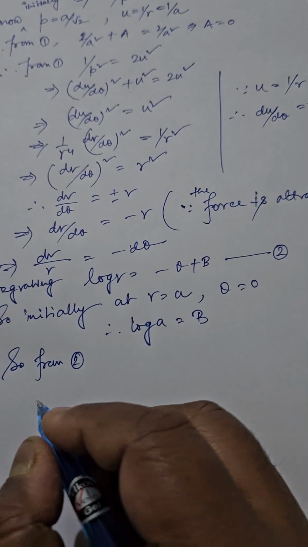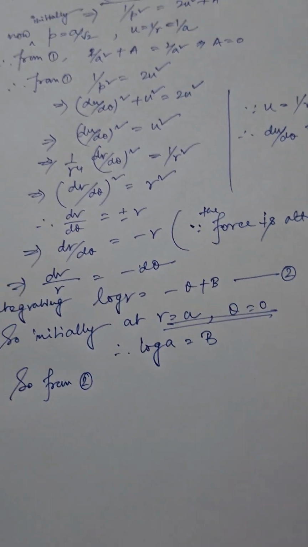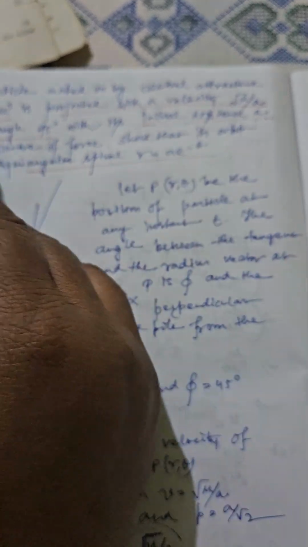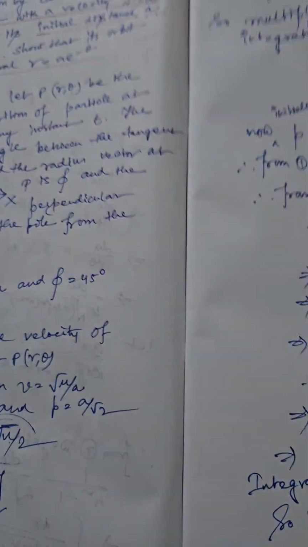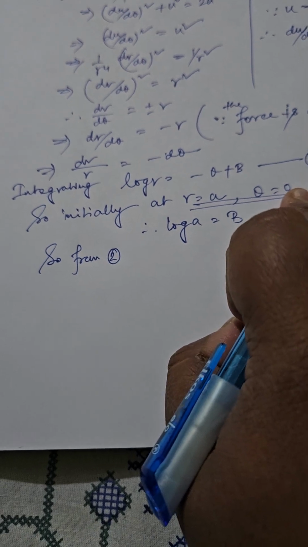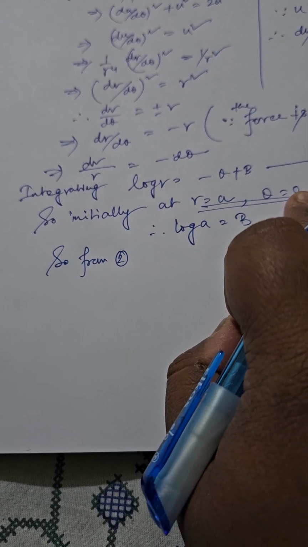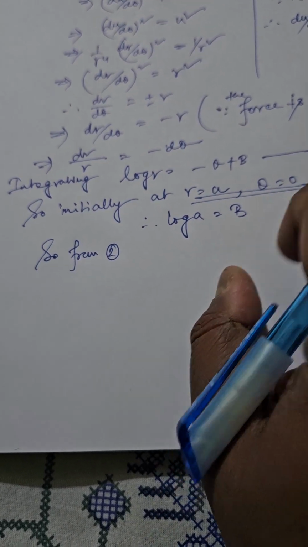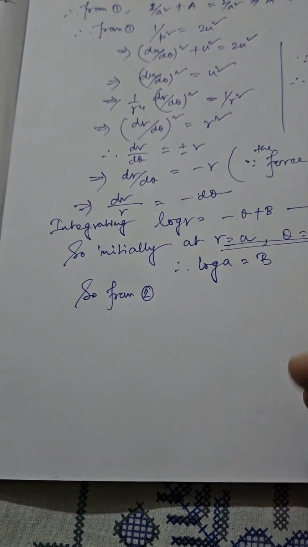So from 2, now here don't get confused over this fact, projected with a velocity at an angle 45 degree. Just before the beginning of the motion there will be no angle, that's why theta should be considered as 0, and when the particle executes the motion, theta should be 45 degree. That is the main criteria.